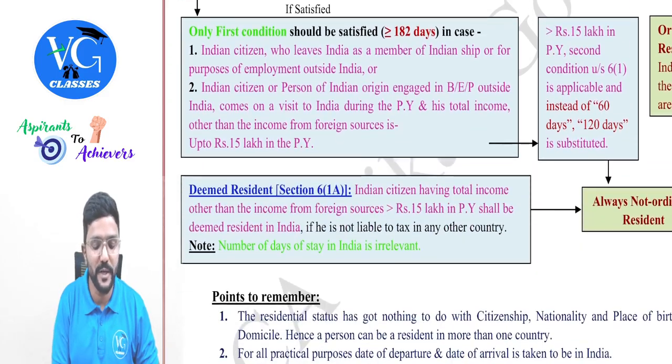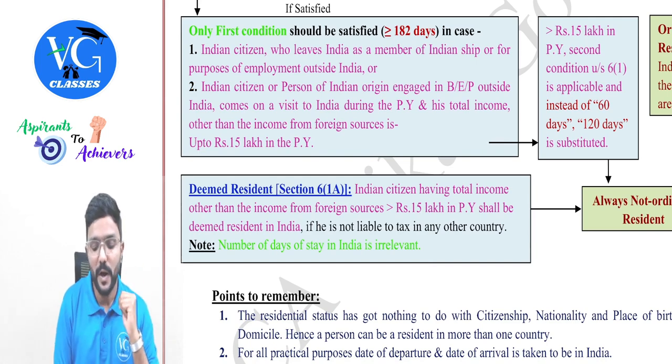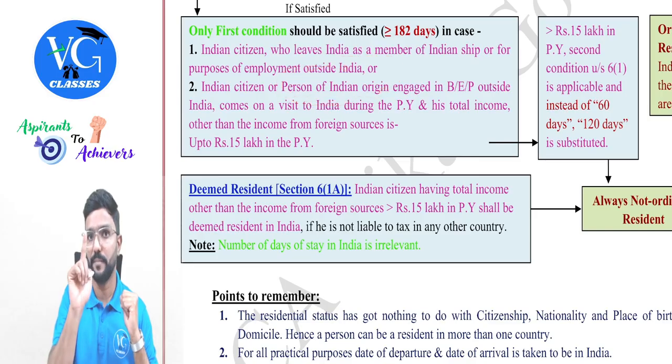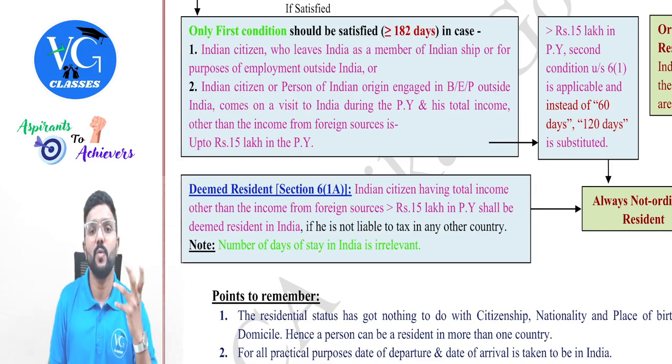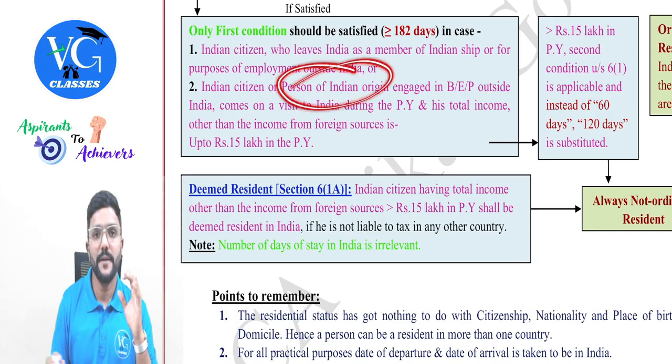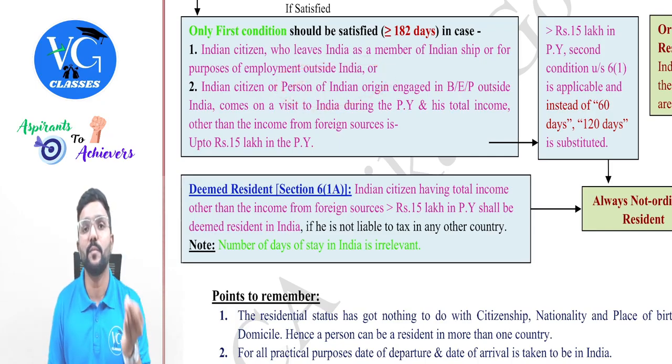Yes. So the first point was going outside India, whereas second point is reverse. Indian citizen or a person of Indian origin. One extra person is covered here. Person of Indian origin was not there in the first point. Please be careful, guys. Now, who is the person of Indian origin? If assessee or any of his parents or grandparents are born in undivided India, we call them as person of Indian origin because their origin is in India.